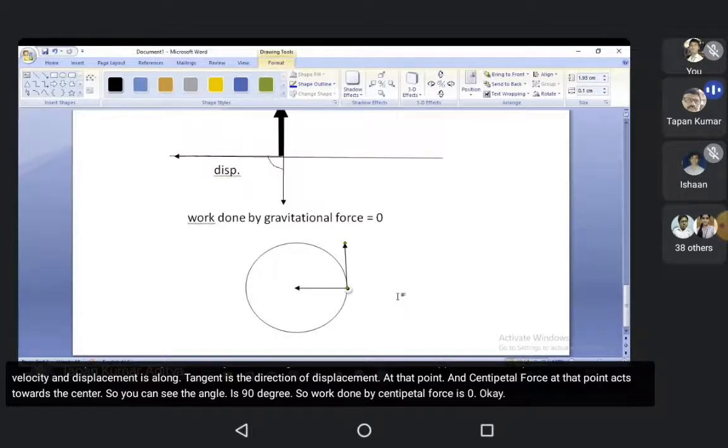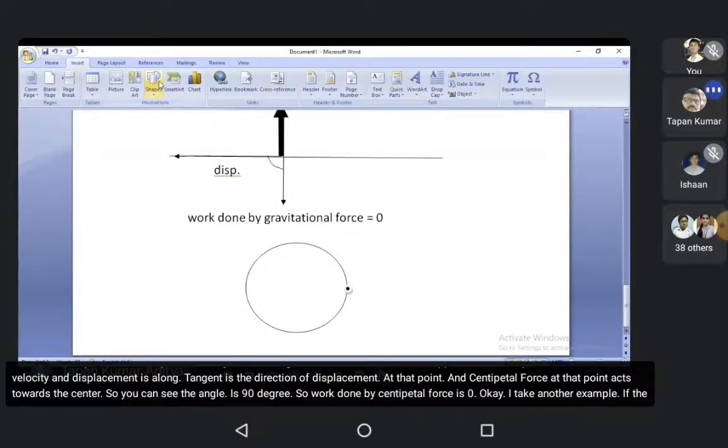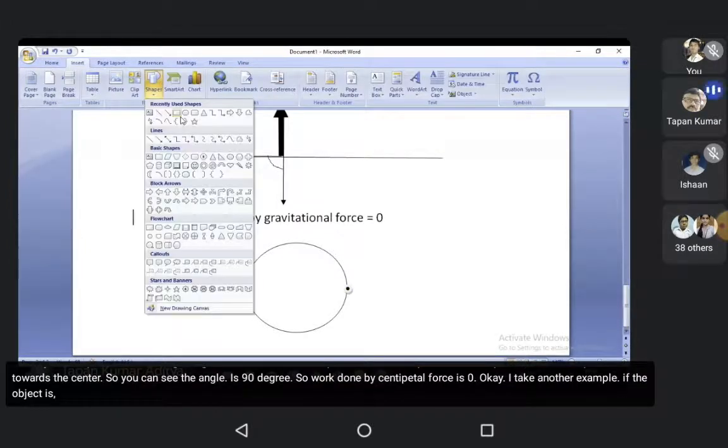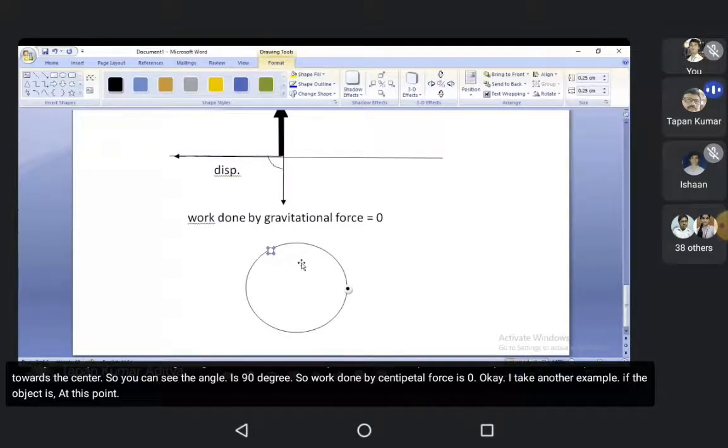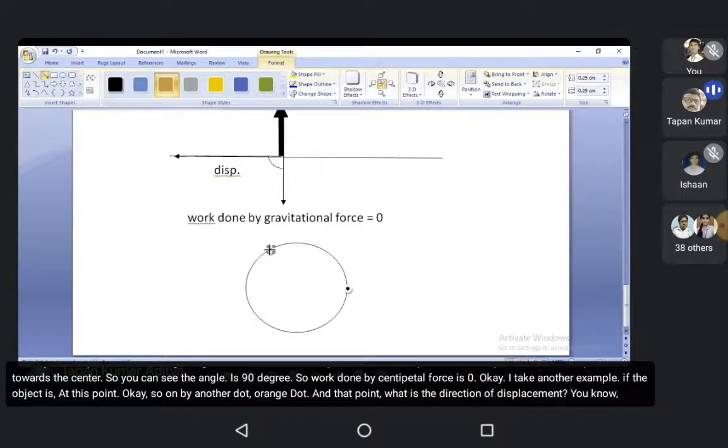Okay? I take another example. If the object is at this position, shown by another dot, the orange dot. At that point, what is the direction of displacement? You know, along the tangent.